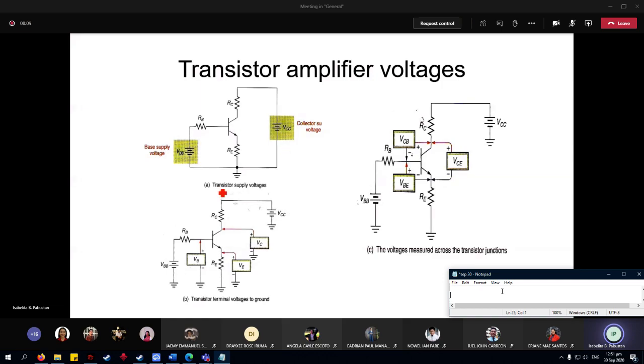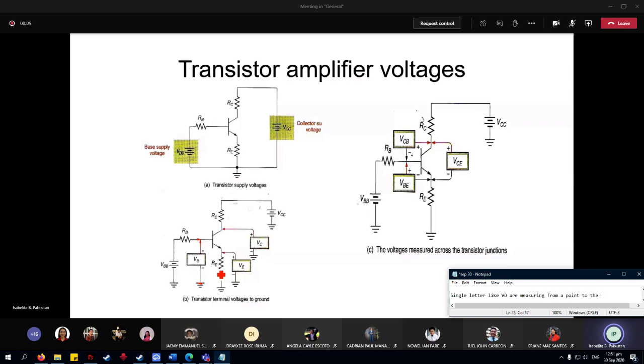Now, this is the single subscript. VB means the measurement goes from the base to the ground. So what is between base and ground? That is your VBE and the voltage across RE.